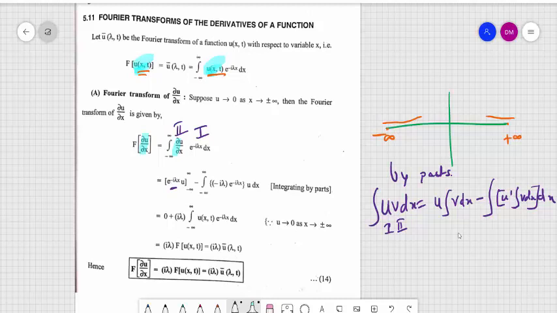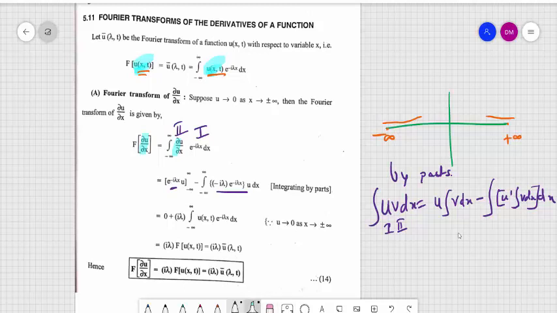Now go towards this integration of the derivative of the first function. Here the first function is e raised to i lambda x. The derivative is this one, into integration of the second function. Again same thing, integration is nothing but the antiderivative. So only u is there.